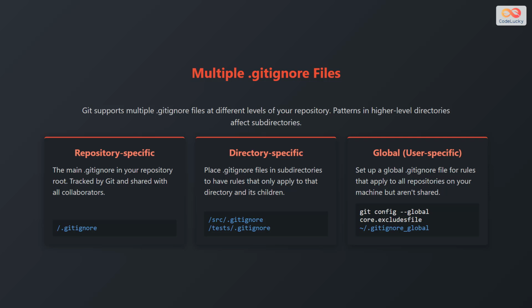Finally, you can set up a global .gitignore file for rules that apply to all repositories on your machine, but are not shared with others. To set up a global .gitignore file, use the command git config --global core.excludesfile followed by the path to your global ignore file, such as ~/.gitignore_global.